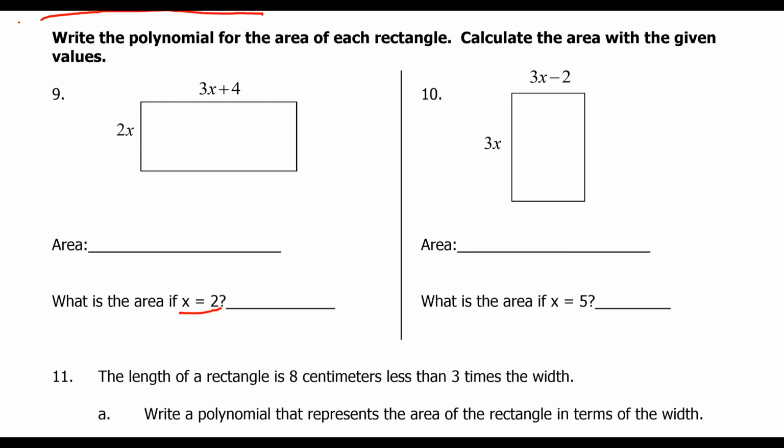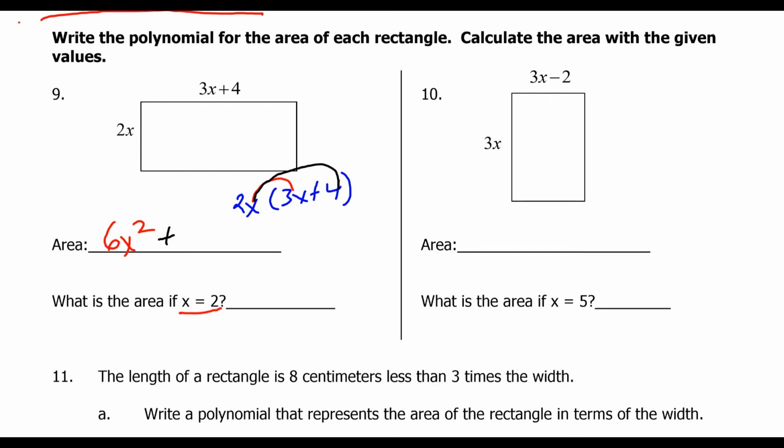So what we're going to do is go 2x times 3x plus 4. When we do that, 2x times 3x is going to be 6x squared. And then 2x times 4 is going to be 8x.